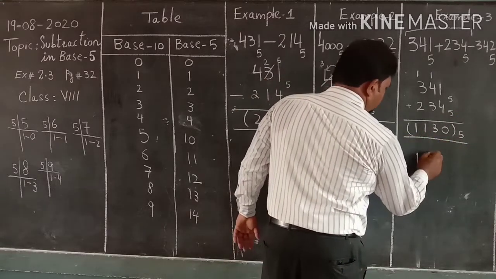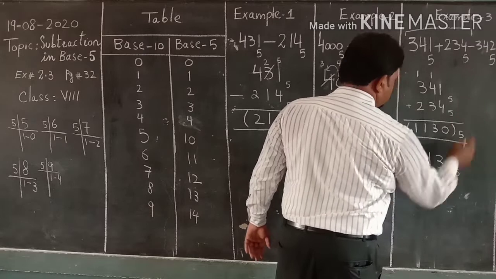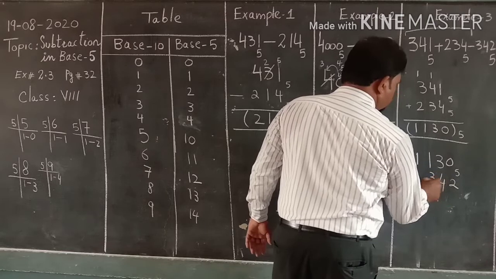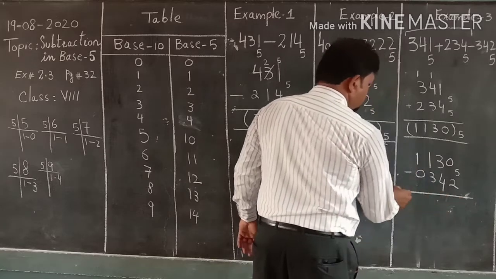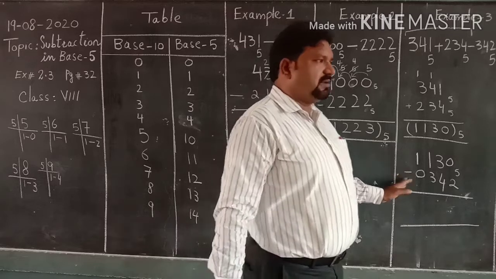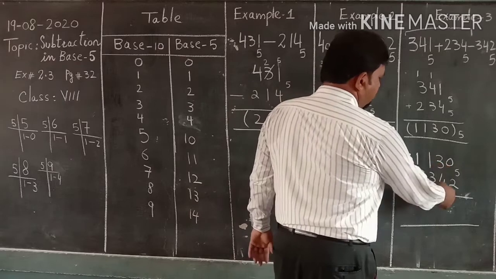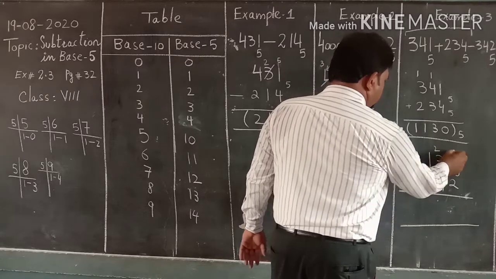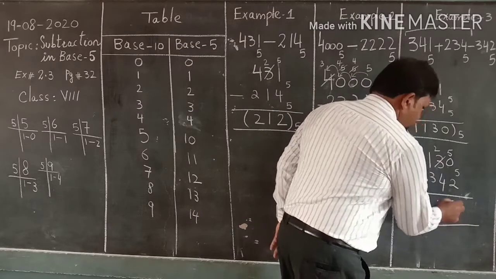So we write 1130 base 5 minus 345. We write this number from this side, and we can write 0 here. We write a minus sign because now we are subtracting. 0 is smaller than 5, so we will take a carry from 3, cut it and write 2 over it and write 5 here. 5 minus 5, answer will be 0.